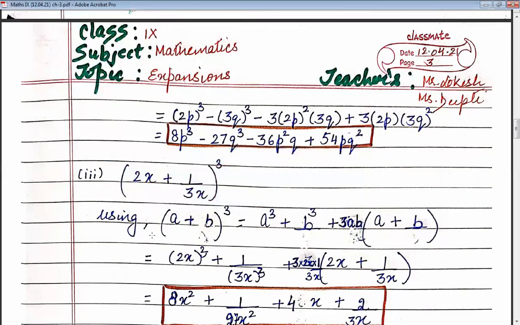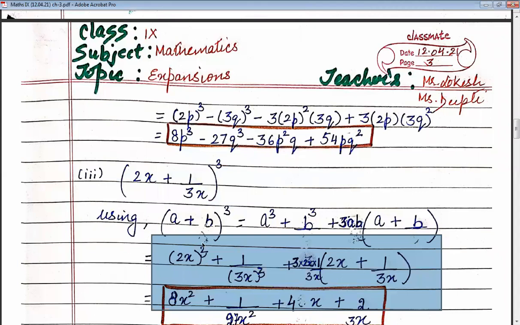So it will become (2x) whole cube plus (1 upon 3x) whole cube plus 3 times a into b, where a is 2x and b is 1 upon 3x, then (a plus b), where a is 2x and b is 1 upon 3x.